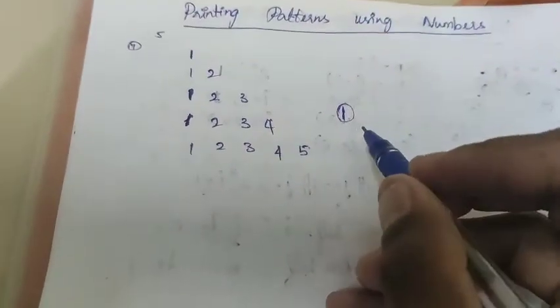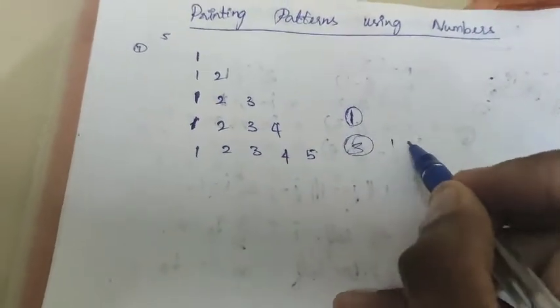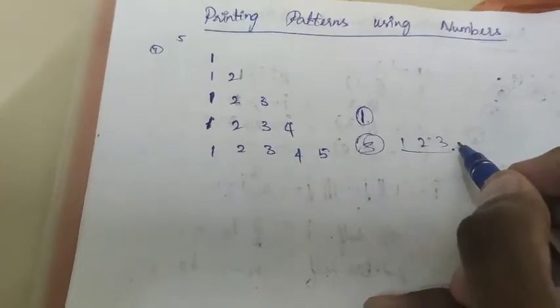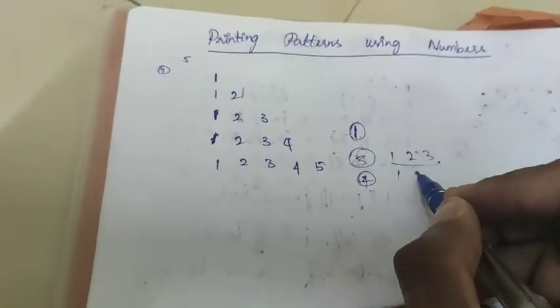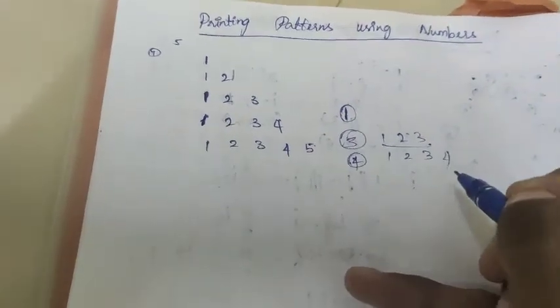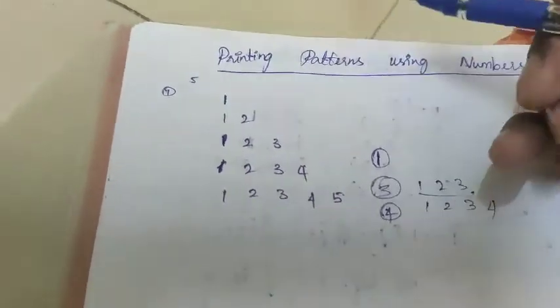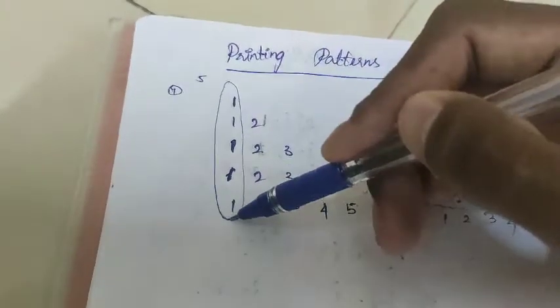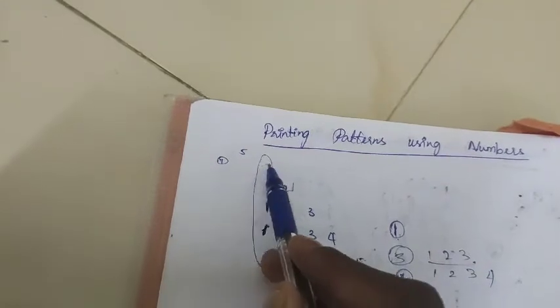In the third row, for instance, 1 2 3, that is 3 numbers occurred from 1 to 3, right? And in the fourth row I am getting 1 2 3 and 4. Now when I visualize this column-wise, in the first column I am getting 1 alone.